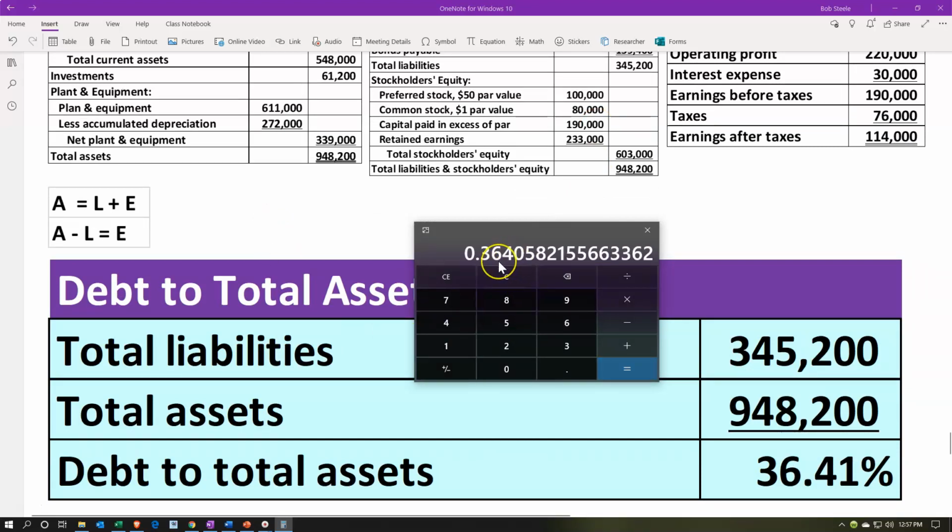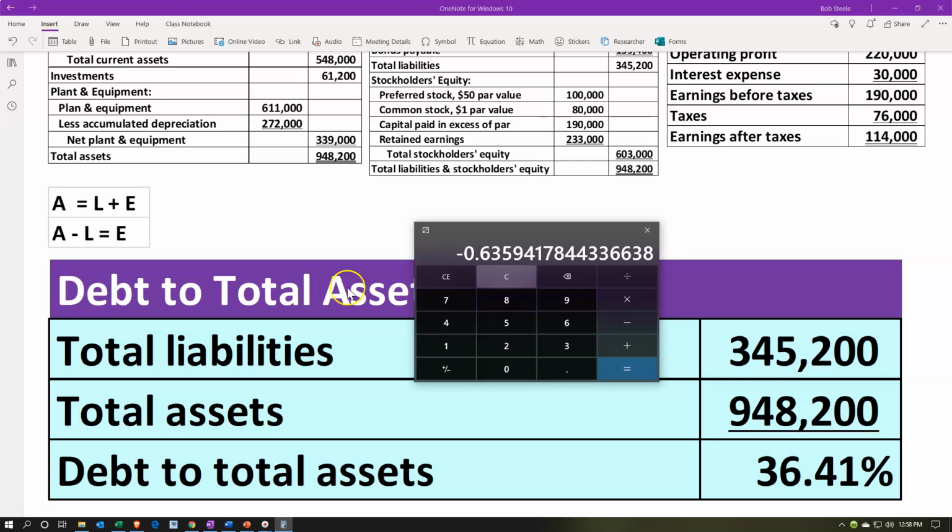Moving the decimal 2 places over, we're at 36.41 about. Now, if we know that we're at 36.41 here for the debt, if I subtract this from 1, 63.6%, about 64% or whatever, would be the equity portion, right? Because it would be 100 minus the debt portion here.